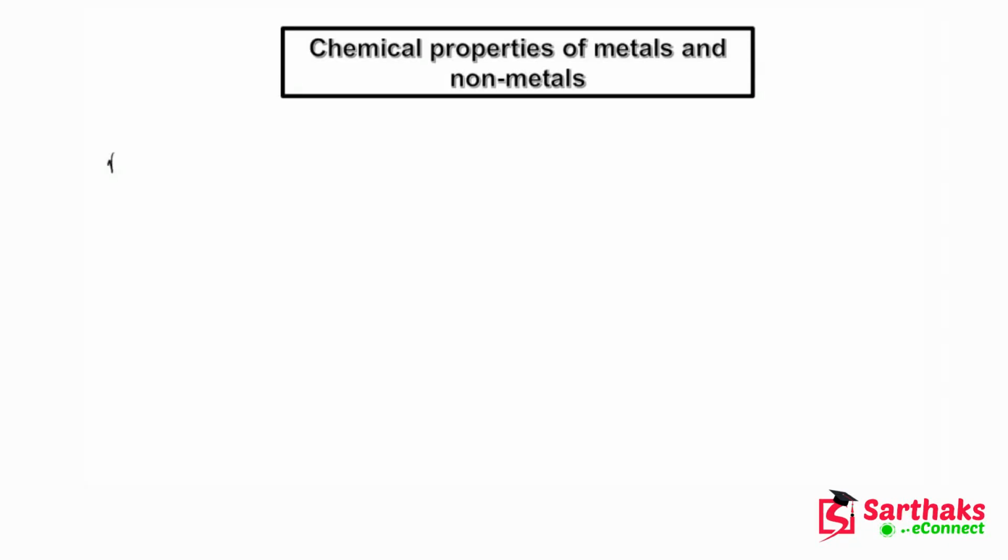So the first chemical property: I am differentiating between the chemical properties of metal and non-metal. Here I am writing the properties of metal, and here I am writing the chemical properties of non-metal.